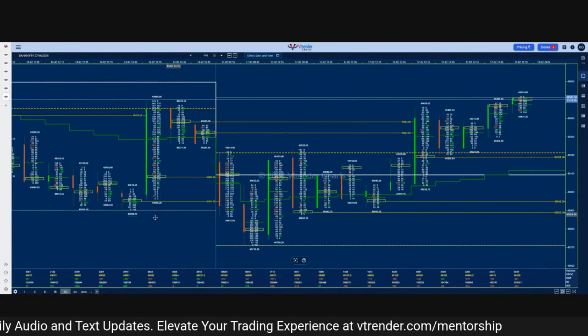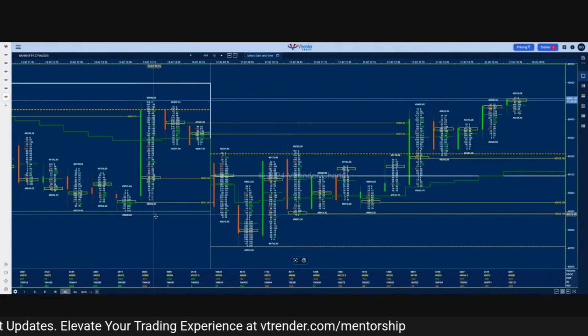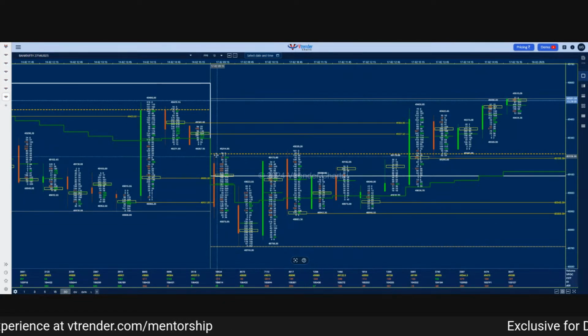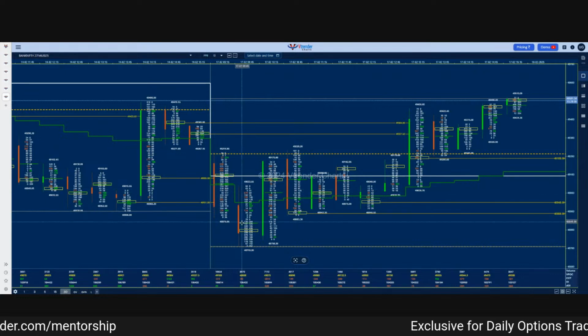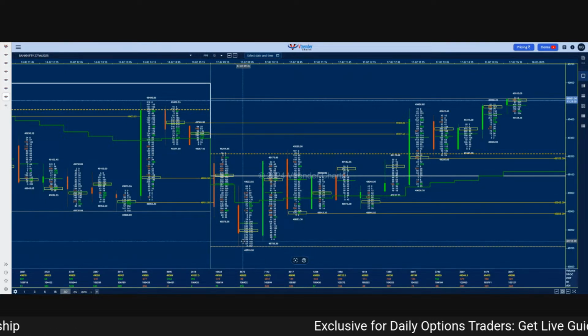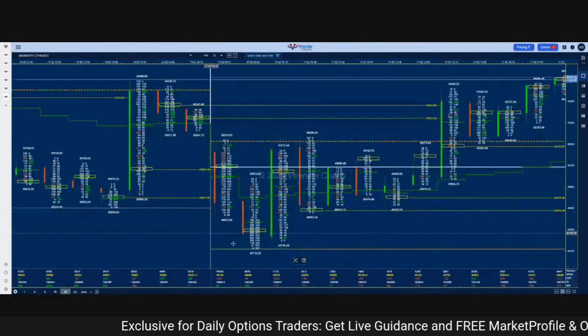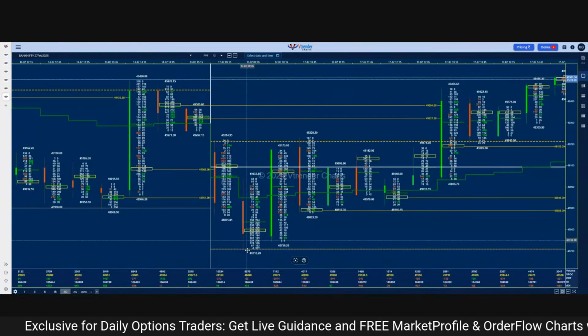Let's have a quick review of what the order flow in Bank Nifty showed us today. You can see how we did have a move lower in the A and the B, but in the B, the sell side numbers were coming down and the buy side numbers were bigger than the sell side.